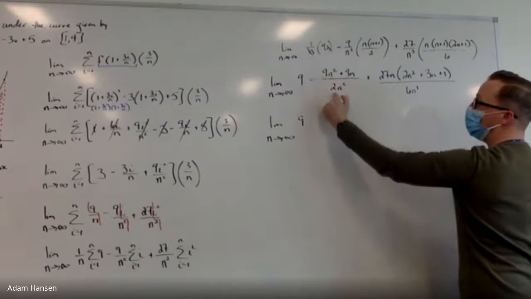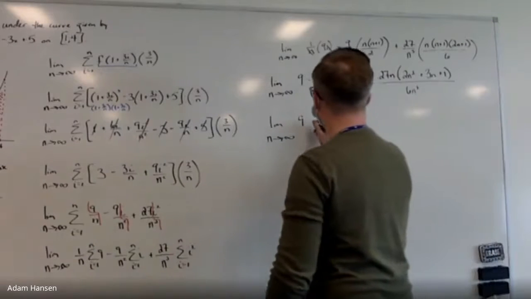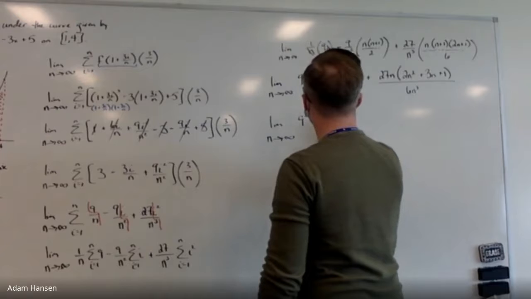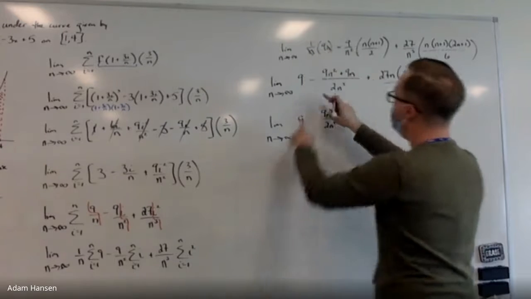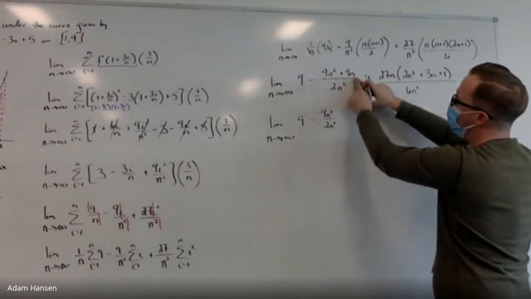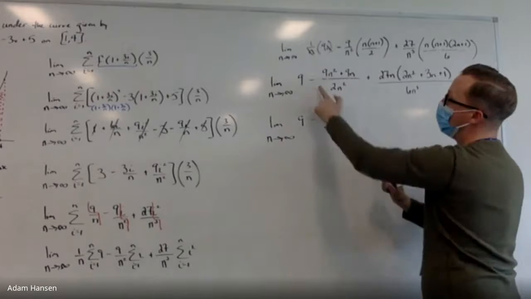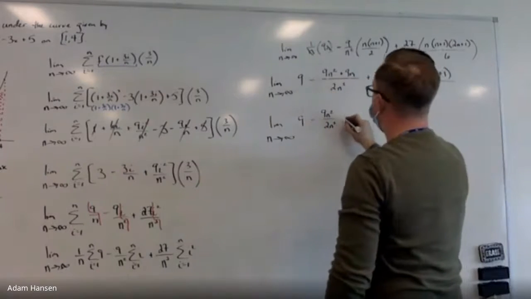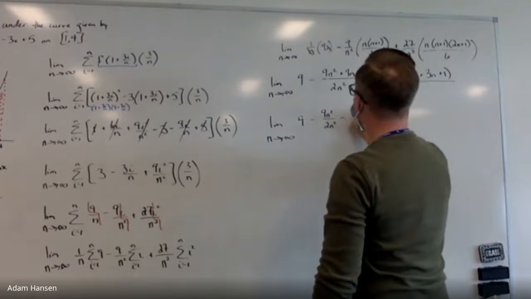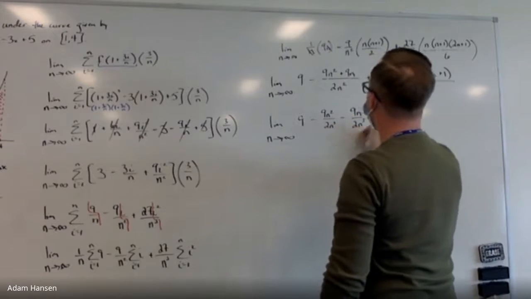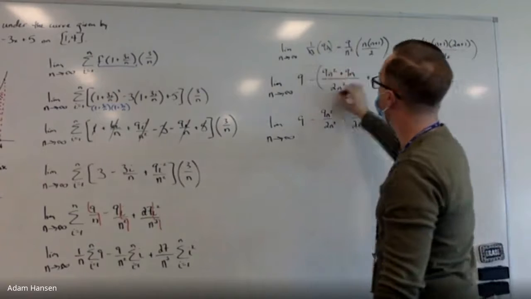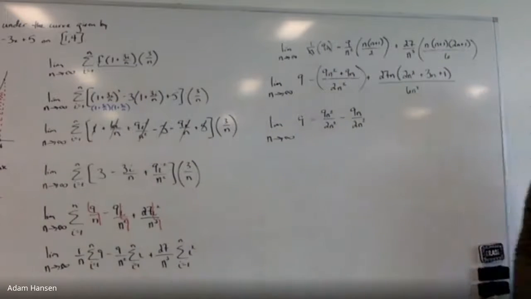Minus 9n squared over 2n squared. I'm also subtracting off this next quantity, so be careful of your signs. I'm subtracting a positive 9n over 2n squared. So when I bring that down, it will be minus 9n over 2n squared. That'd be an easy place to make a sign mistake. It's like you're subtracting off this entire quantity.